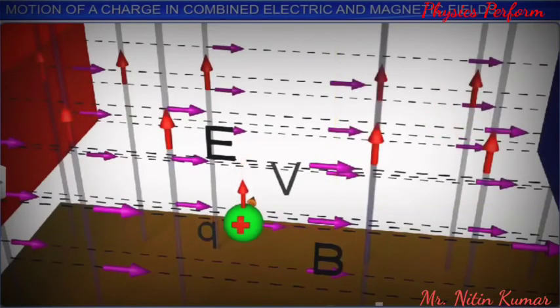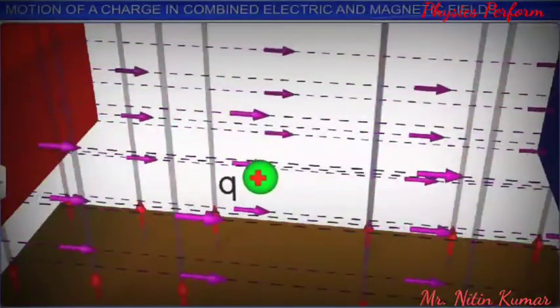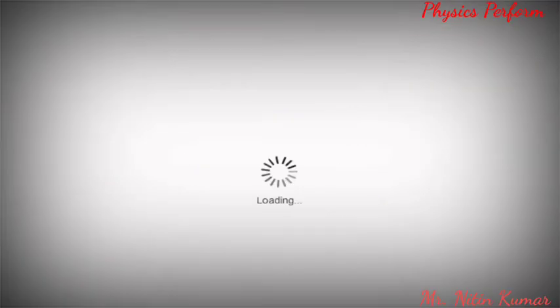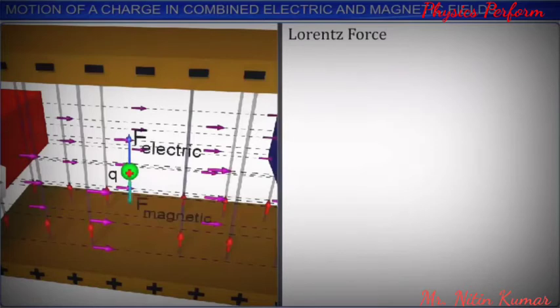When the charged particle moves in both electric and magnetic fields as shown, the particle experiences Lorentz force F, which is the sum of forces due to electric field F electric and the force due to magnetic field F magnetic.